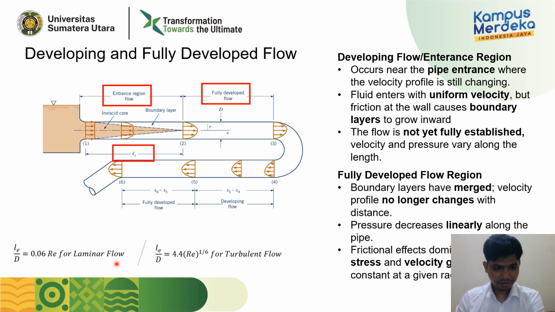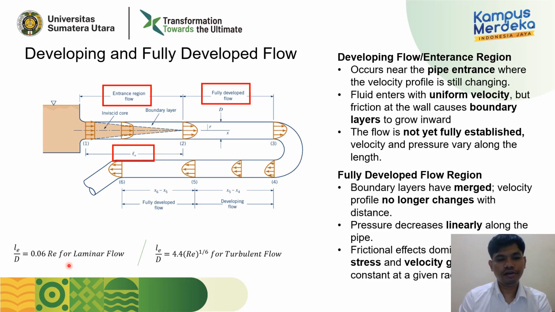So how do we calculate the entrance region? It's important for us to know where the entrance region flow is. If the flow is laminar, first we need to calculate the Reynolds number.